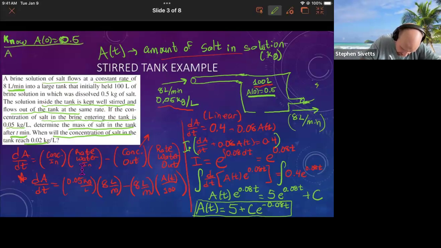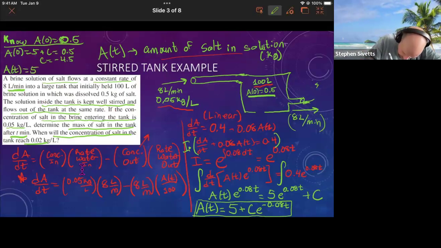So that means when t is 0, we will have 5 plus C equals 0.5. And so C is equal to minus 4.5. And so therefore, the particular solution would be 5 minus 4.5 times e to the minus 0.08 times t.